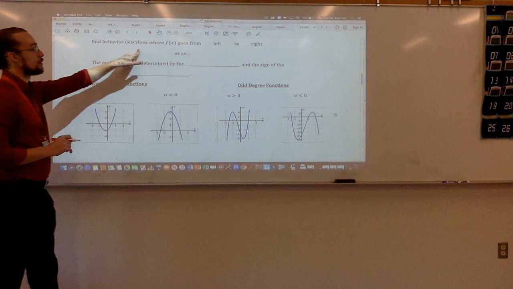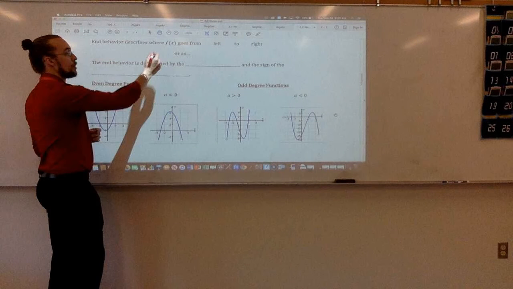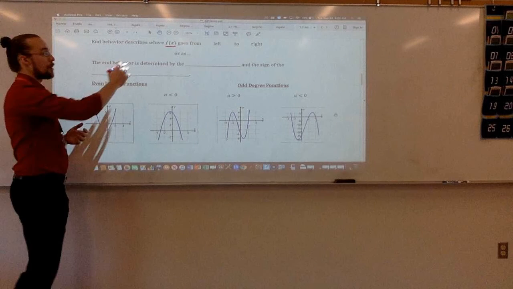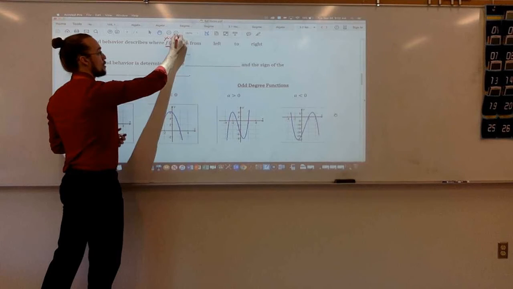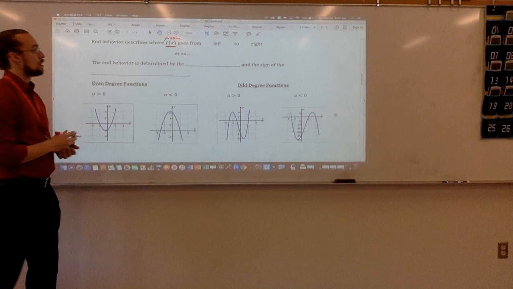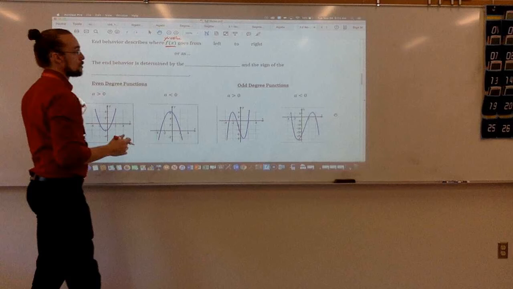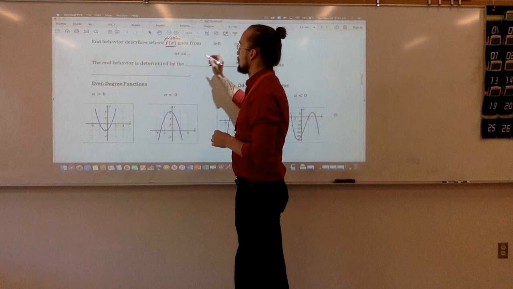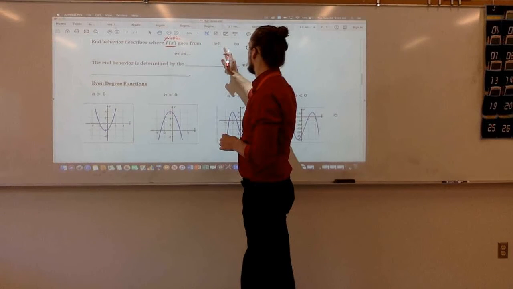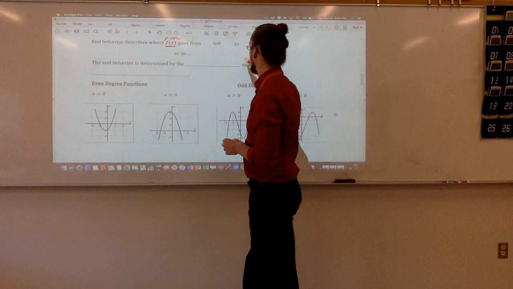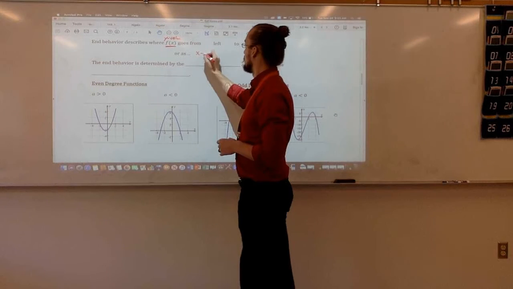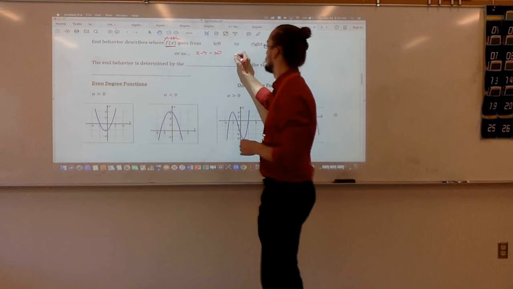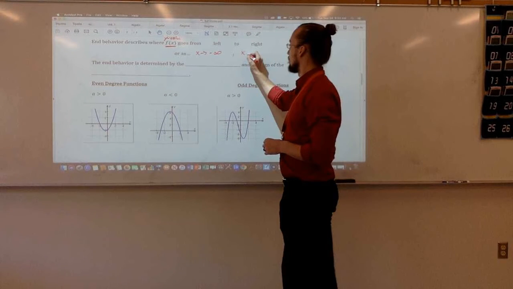Okay, so end behavior describes where f of x, which is the same thing as the y value, goes as x goes to infinity or negative infinity, right? So end behavior describes where the y value goes from left to right, as x goes to negative infinity and x goes to positive infinity.